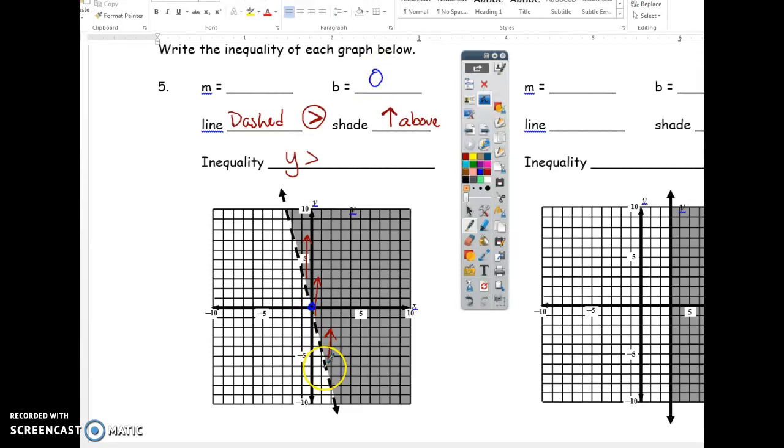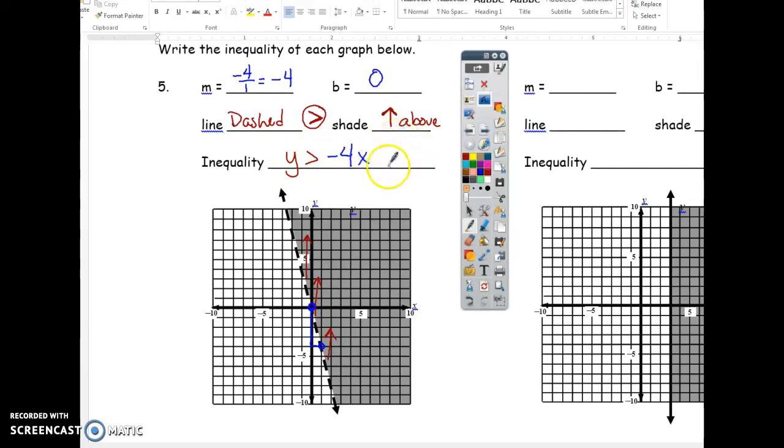And from one point to the next point, here's the next point right here, I went down and to the right. Down 1, 2, 3, 4, to the right 1. So that's a -4 over 1, which equals -4. Okay? So it looks like it would be y greater than -4x plus 0.